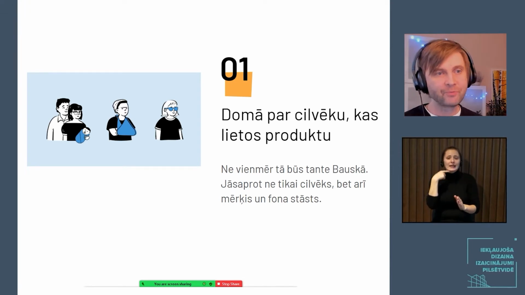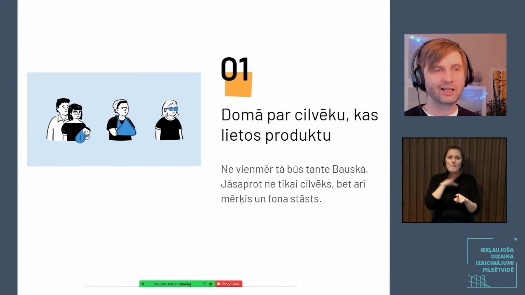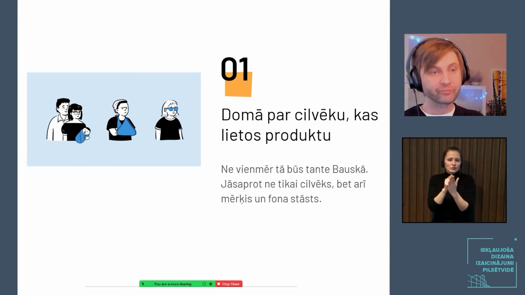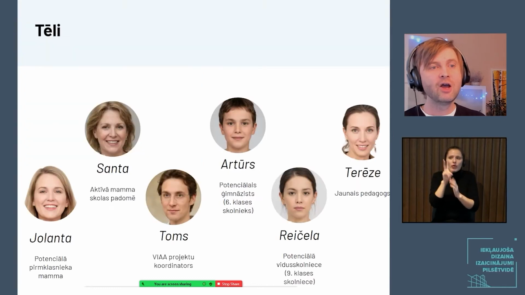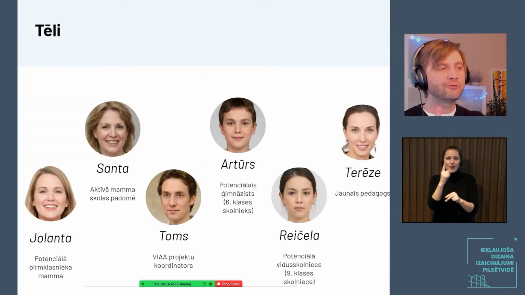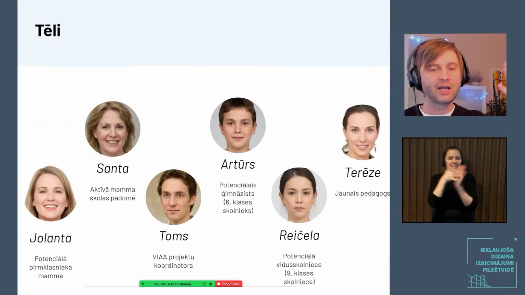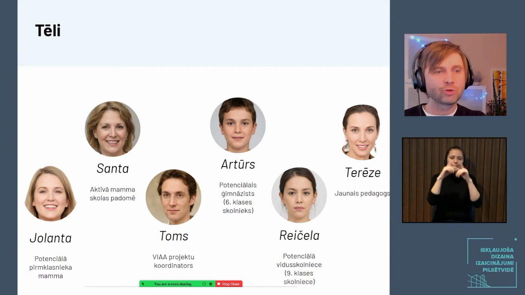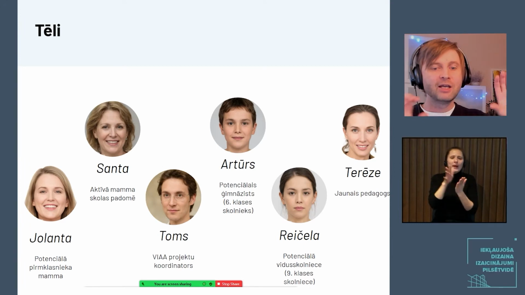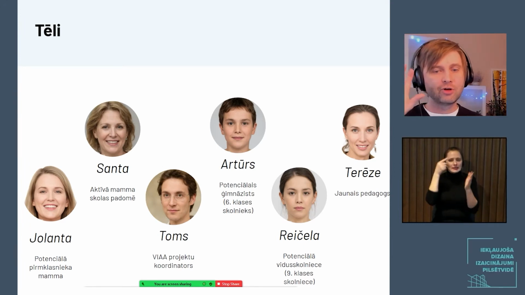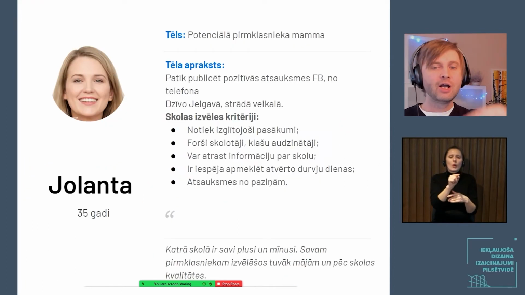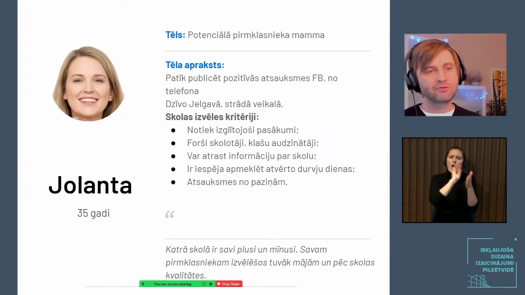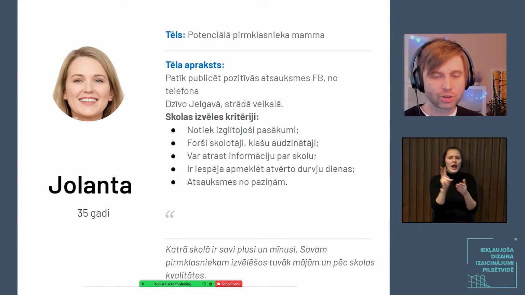For example, we wanted to fix the web pages of all Latvian schools, and we tried to understand what the ideal structure of those internet pages is. So the first step was to define the audience. For a typical school web page, we defined the audience, we imagined personas, and we also described them.